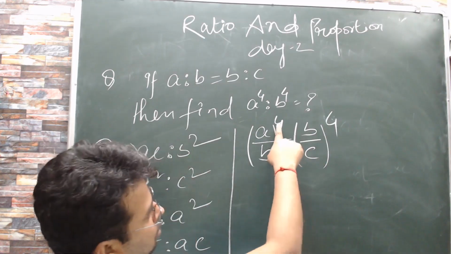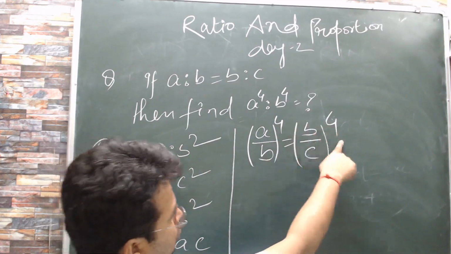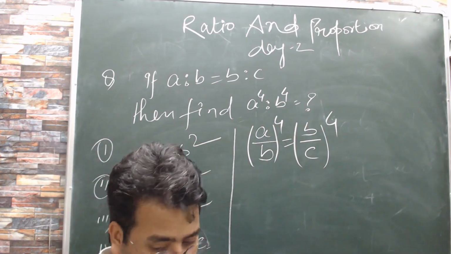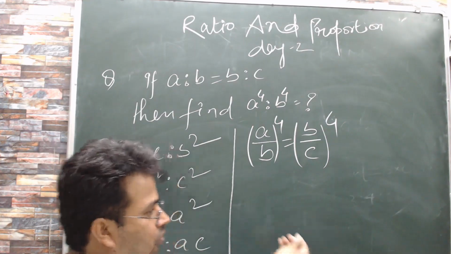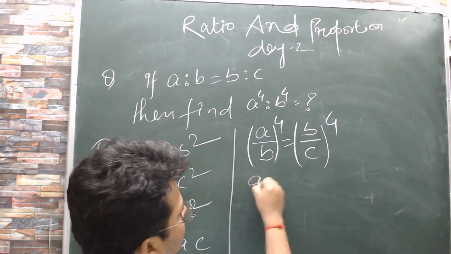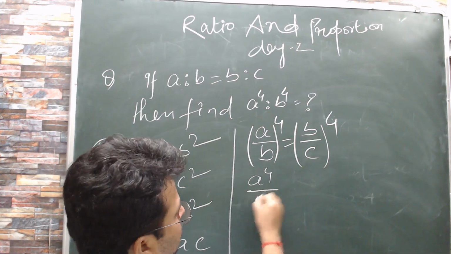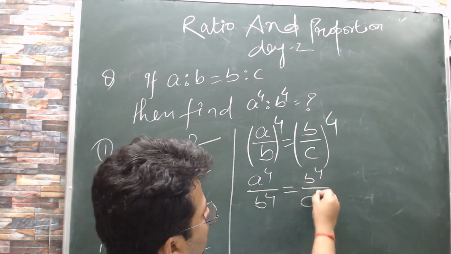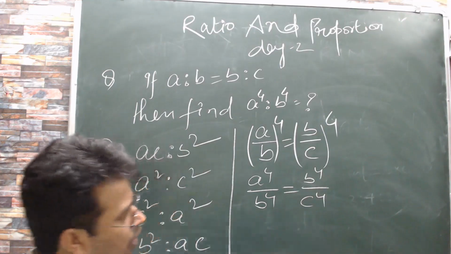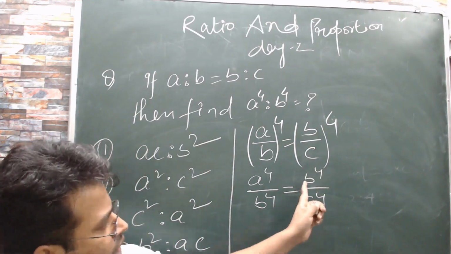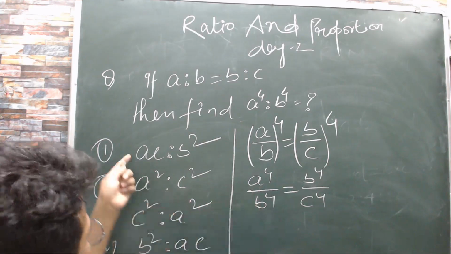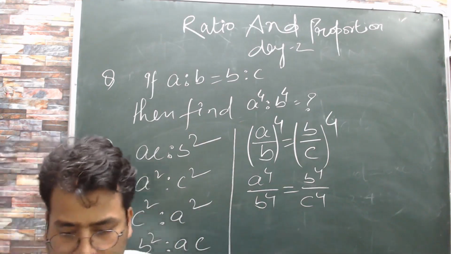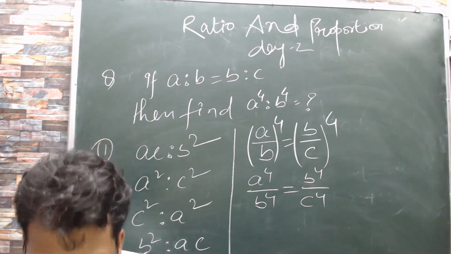If you are doing the power 4 here, you need to do the same thing on the other side. So it is A raised to the power 4 upon B raised to the power 4, which is equal to B raised to the power 4 upon C raised to the power 4. Now, is it an option? No. Is it not an option?